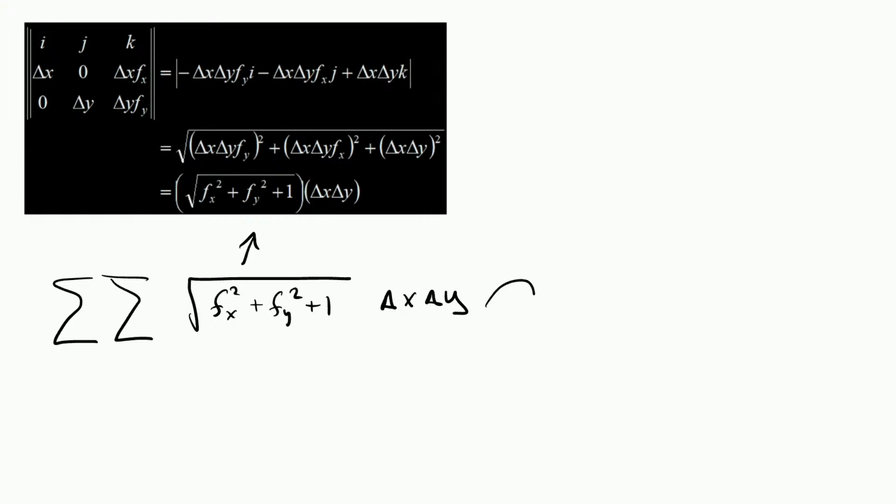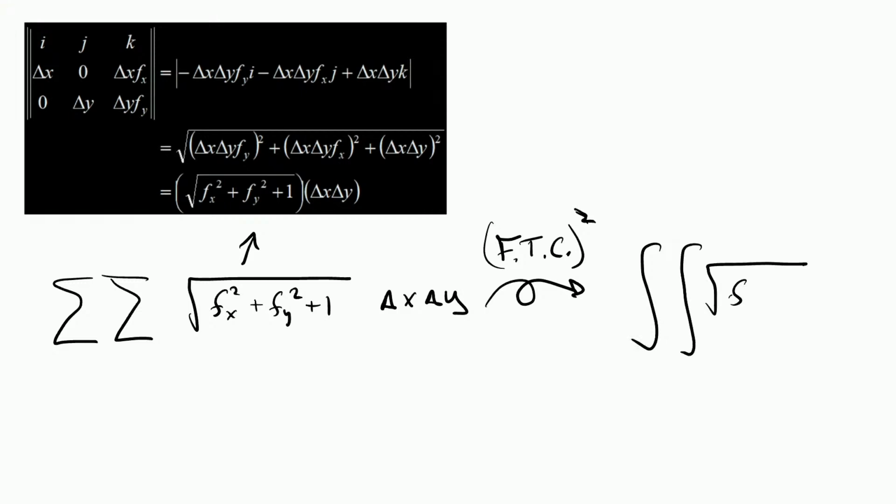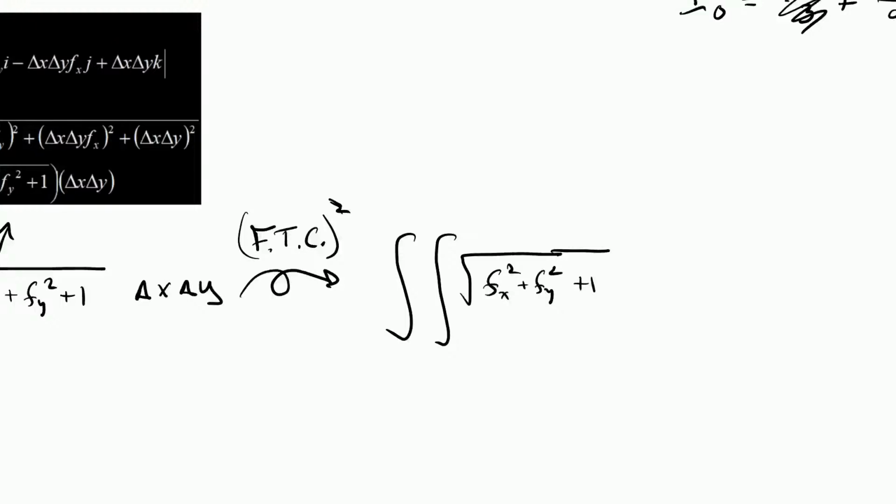So this is the fundamental theorem of calculus squared, and it becomes a double integral of the square root of f sub x squared plus f sub y squared plus 1, dx dy.